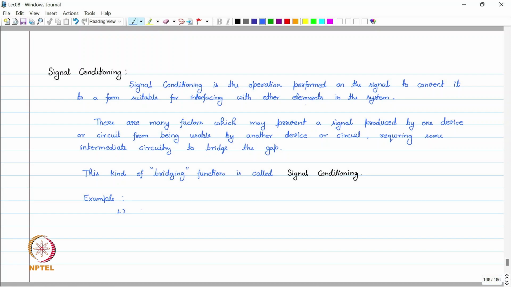For example, the range and offset correction. Conversions.